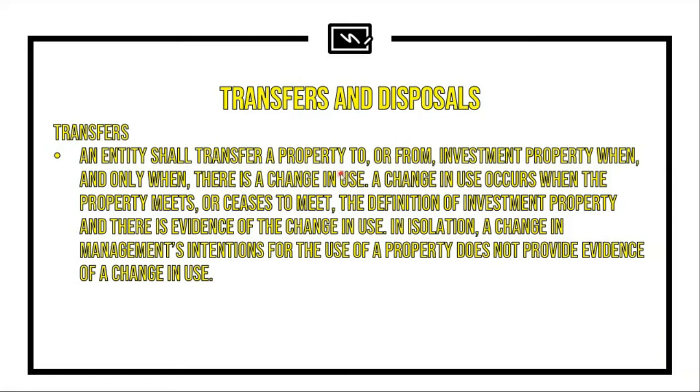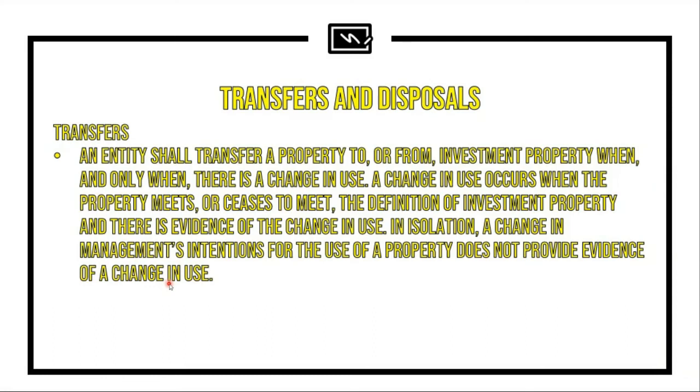So a change in use occurs when the property meets or ceases to meet the definition of investment property and there is evidence of the change in use. In isolation, a change in management's intention for the use of a property does not provide evidence of a change in use.